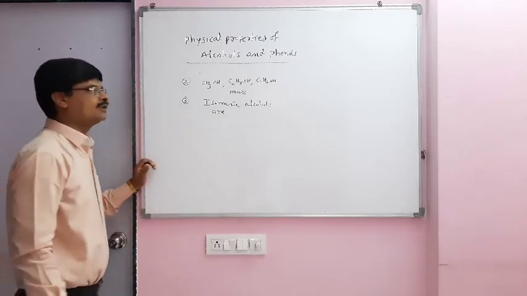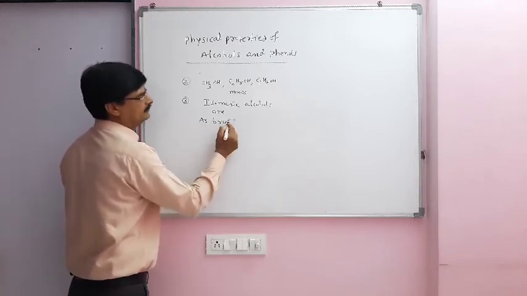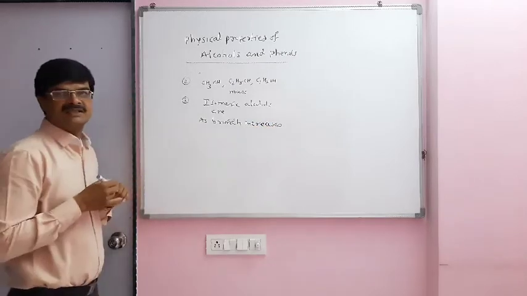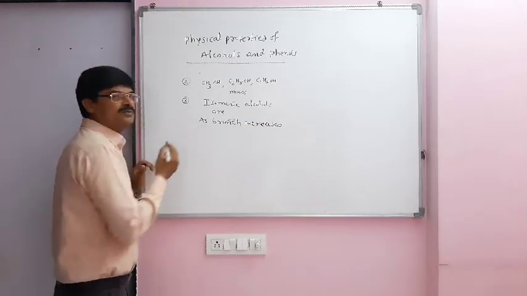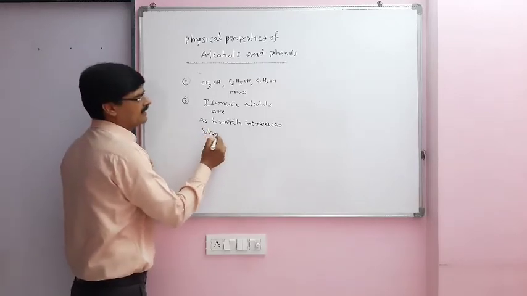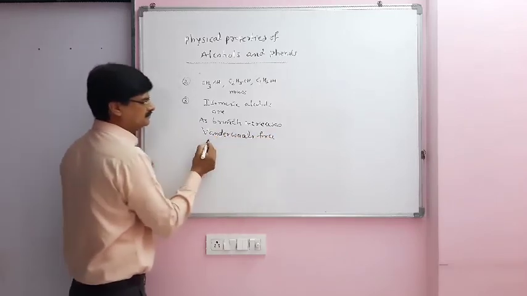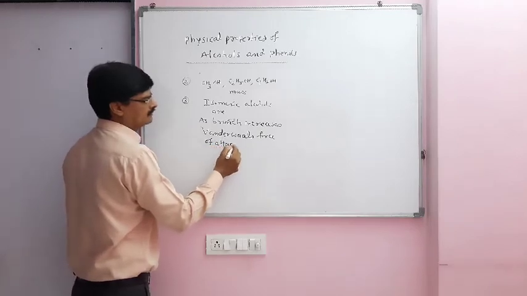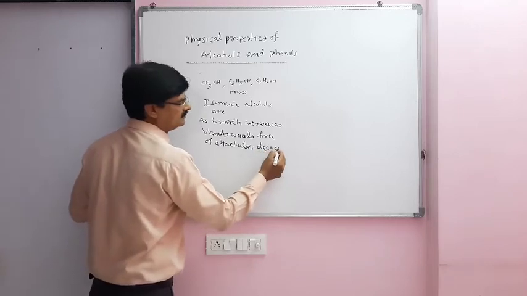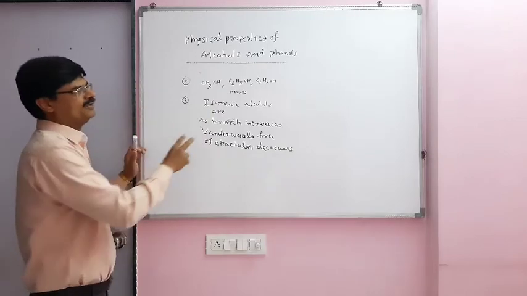For isomeric alcohols, as branching increases, van der Waals force of attraction decreases, and because of that the boiling point becomes less.